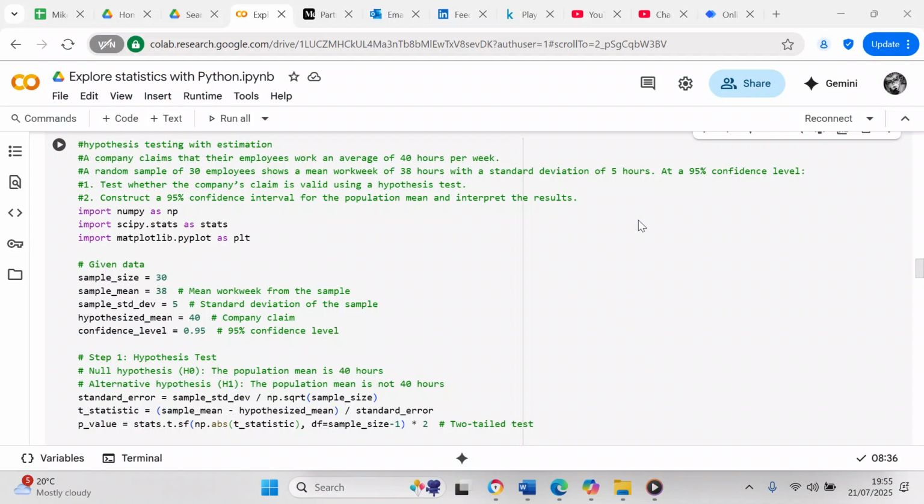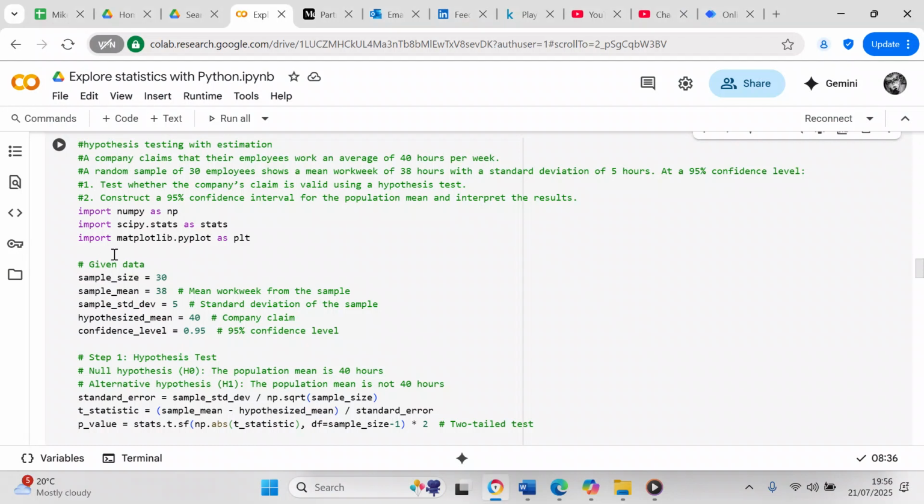The second is scipy.stats as stats. Stats is the statistical module of the scipy library, and scipy is Python's scientific library. And then we're going to import matplotlib.pyplot as plt, which is the library that gives us our visualization.